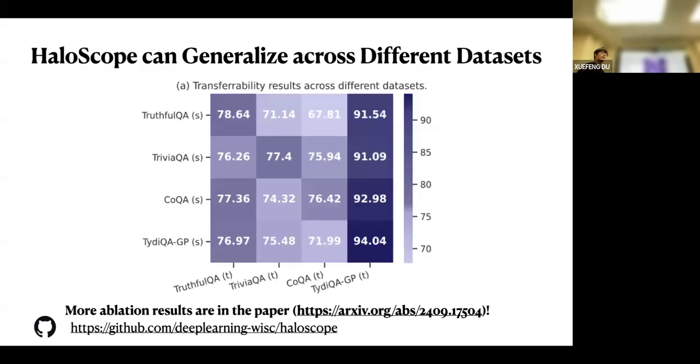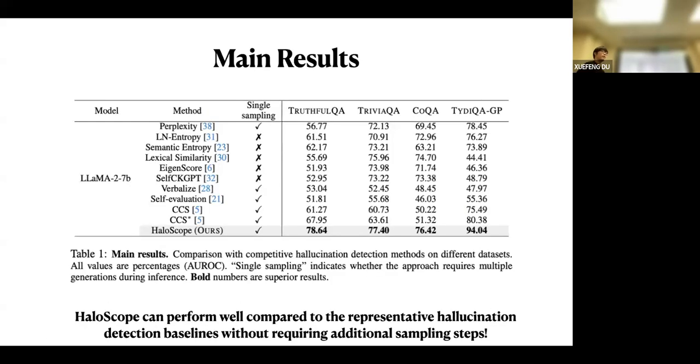So why single sampling? The question is why single sampling is important. There are a bunch of baselines in the literature that prompt the language model to generate multiple answers for a single question, and then calculate some scores based on the multiple answers in order to estimate whether the answers are true or false.